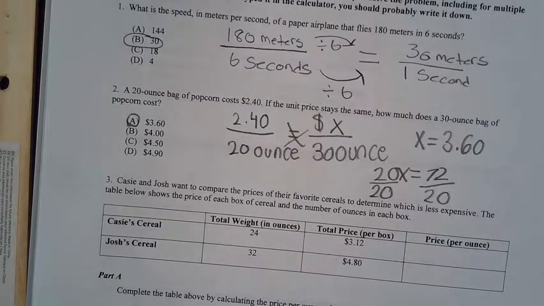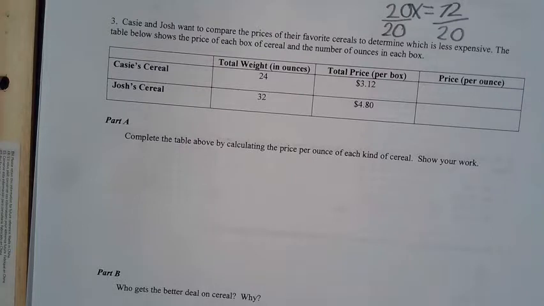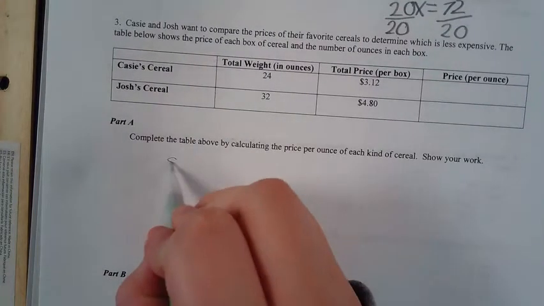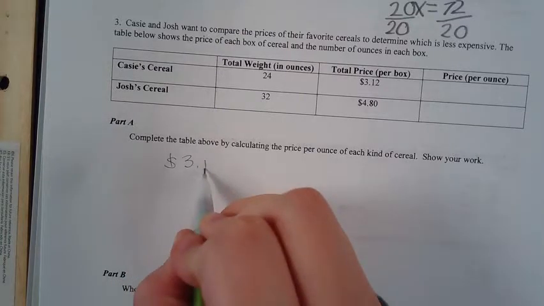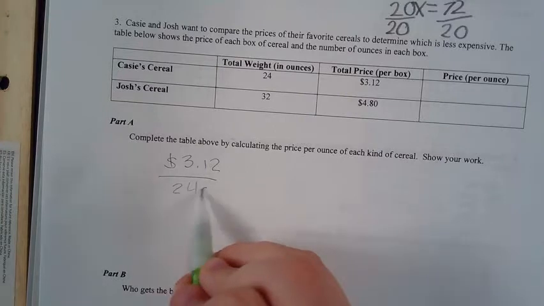For number 3, Casey and Josh wanted to compare the prices of their favorite cereals to determine which is less expensive. The table below shows the price of each box of cereal and the number of ounces in each box. So first you have to take the total price of Casey's cereal, $3.12, over 24 ounces.